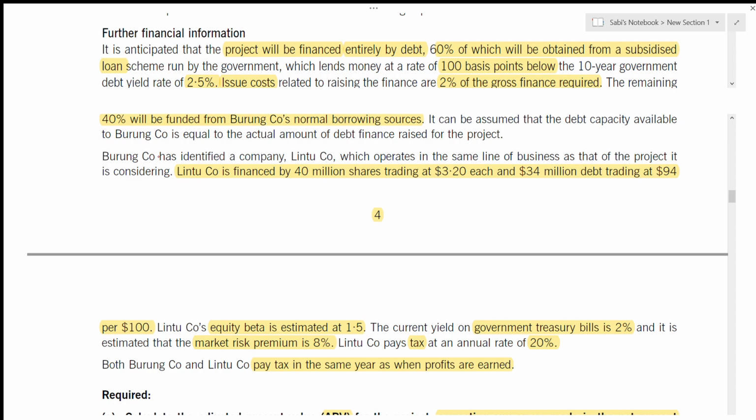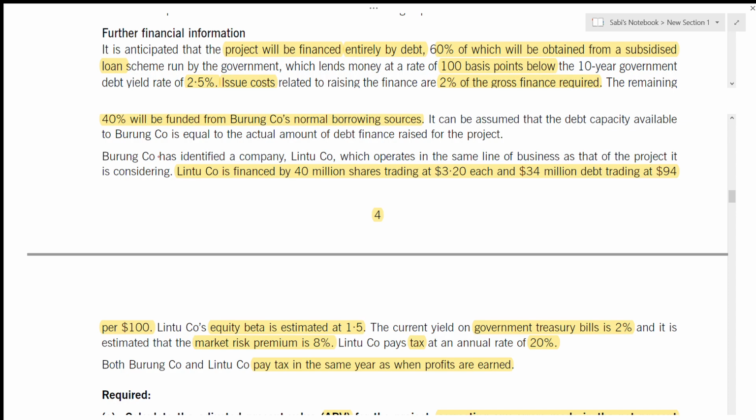So now, why is Linto company's information given? That it is in the same line of business. We usually use it for what? Exactly, to calculate beta. To calculate the equity beta.